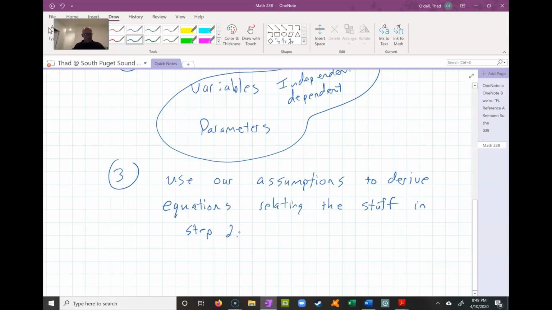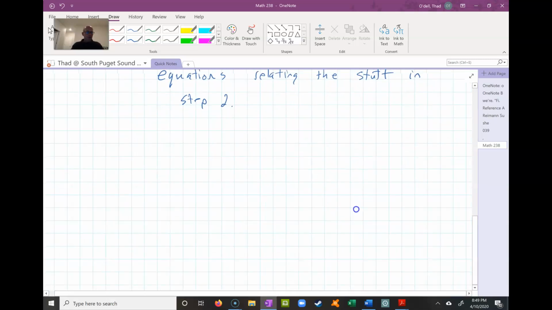So that's the basic idea of, and I'm going to look at each one of those steps a little more clearly.